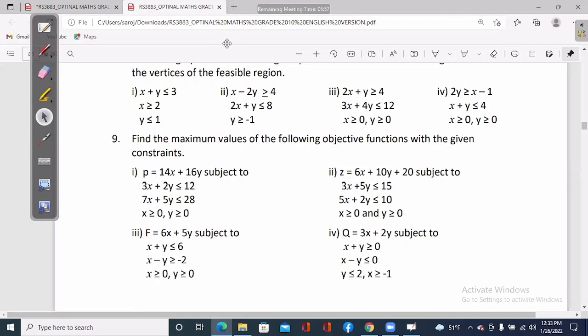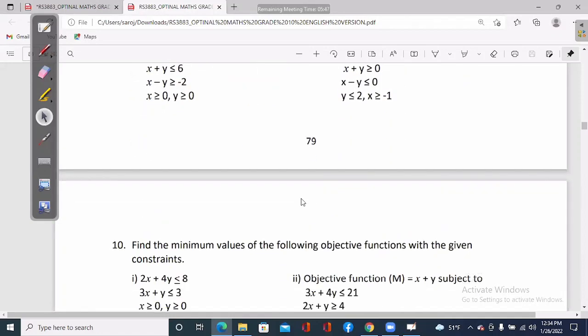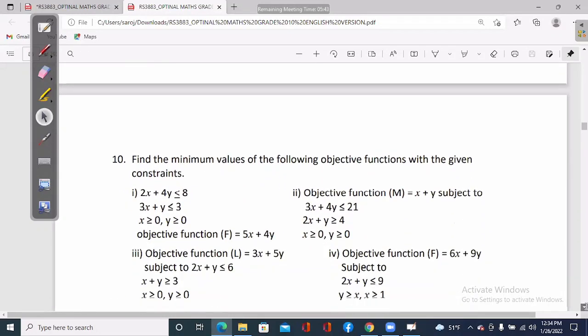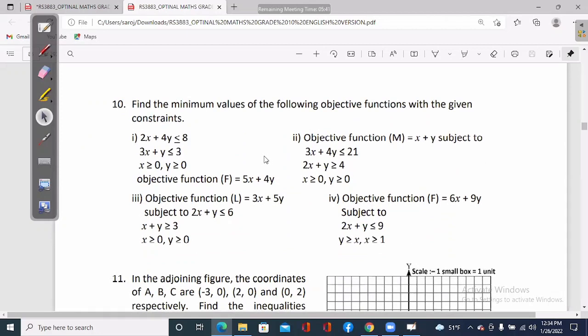Question number 9, you can see there are 4 questions. I think everybody has taken the screenshot. Question number 10 also has 4 questions. So 8 questions I want by tomorrow in my mail.